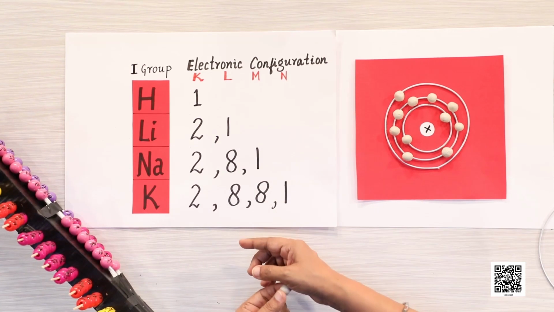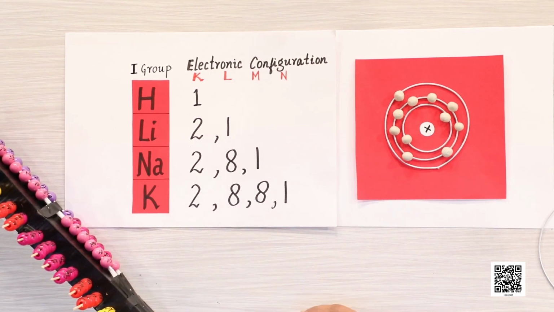As you can see here, the atomic size increases down the group because a new shell is being added as we go down the group. This increases the distance between the outermost electrons and the nucleus, so that the atomic size increases in spite of the increase in nuclear charge.